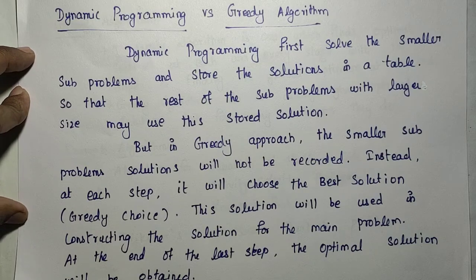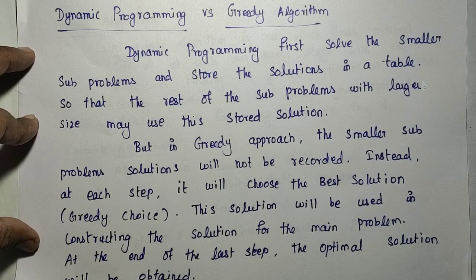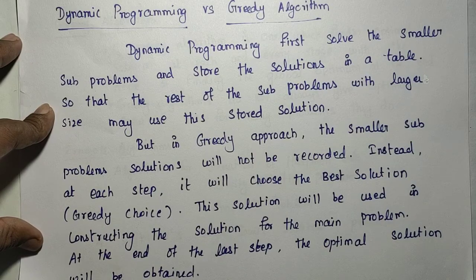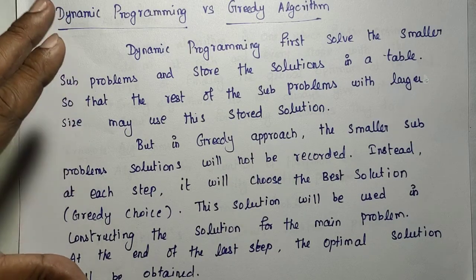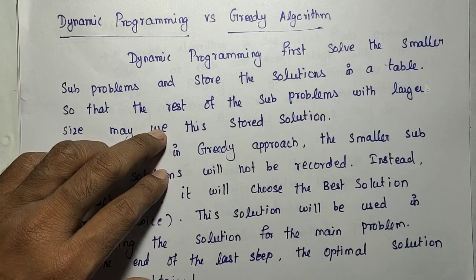Instead, at each step, it will choose the best solution, which is called the greedy choice. Okay, this solution will be used in constructing the solution for the main problem. So at the end of the last step, the optimal solution will be obtained. Okay, so be clear on that difference between dynamic programming and the greedy approach.